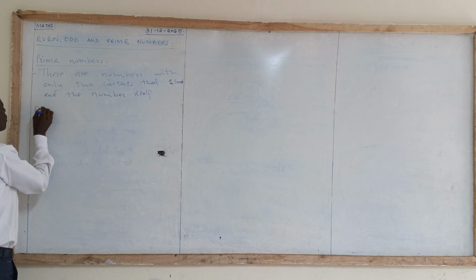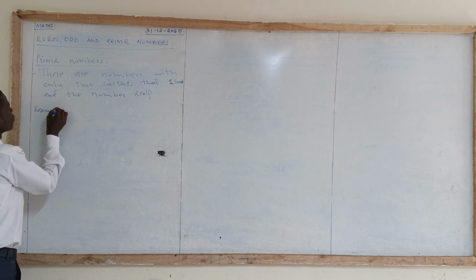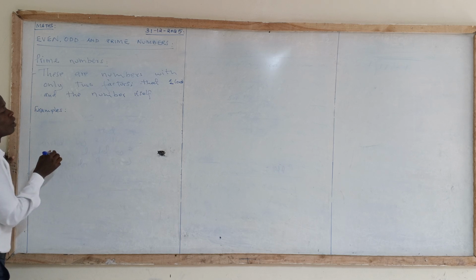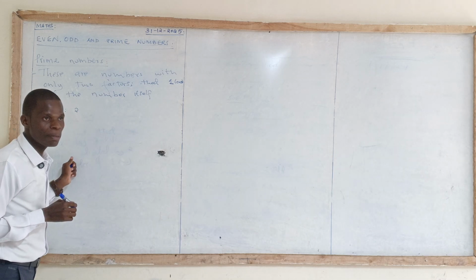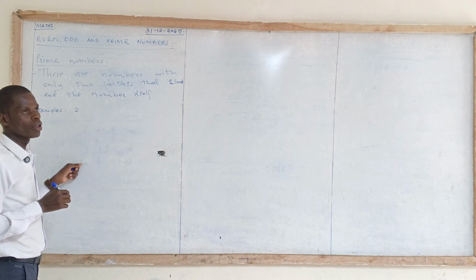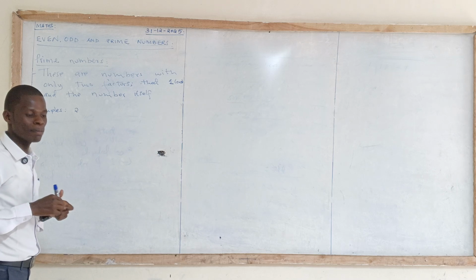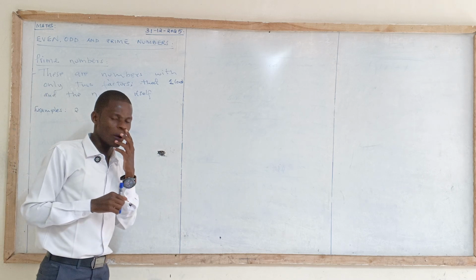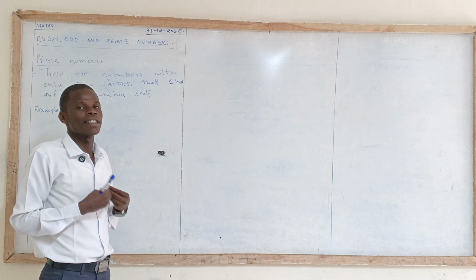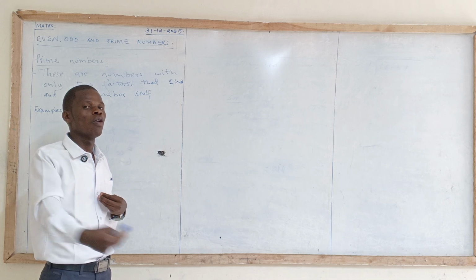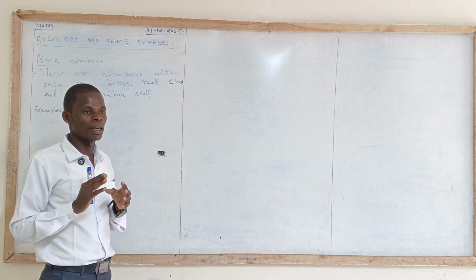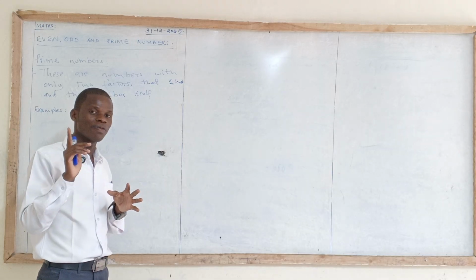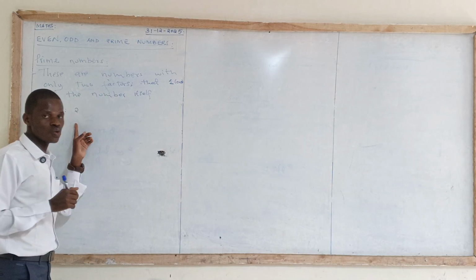Examples of prime numbers. 2 is the only even number and prime number at the same time. So the smallest prime number: 1 is not a prime number. Why? If I talk of 1 as a number, it has only one factor, which is itself. So 1 is not a prime number. So the first prime number is 2.